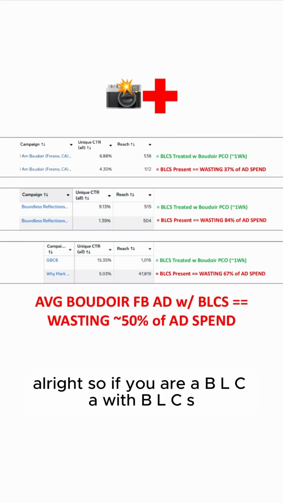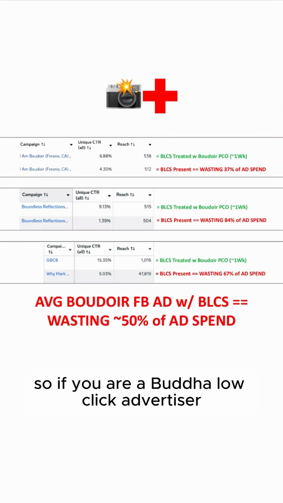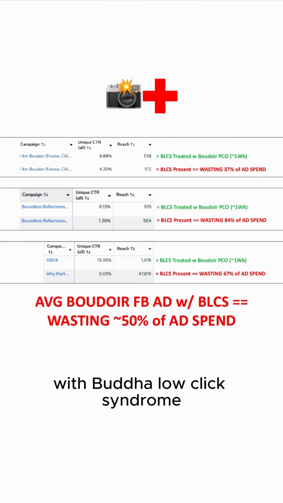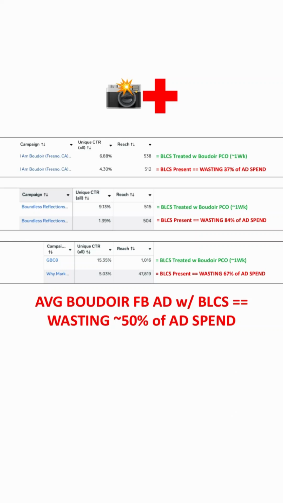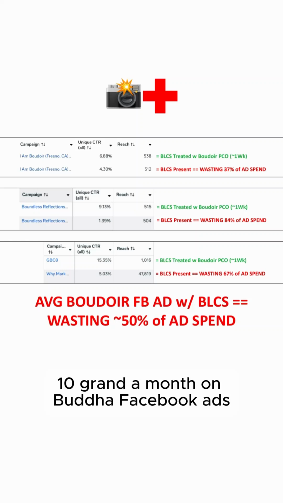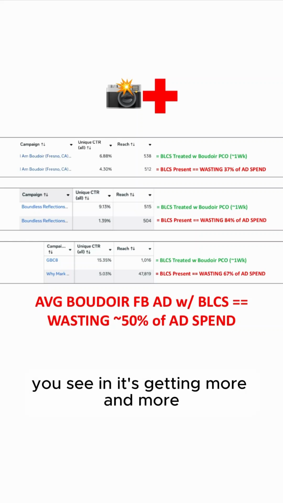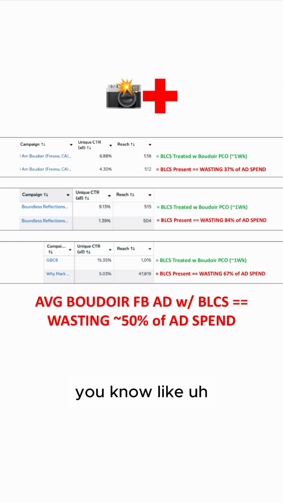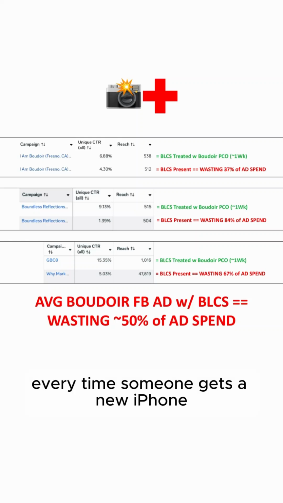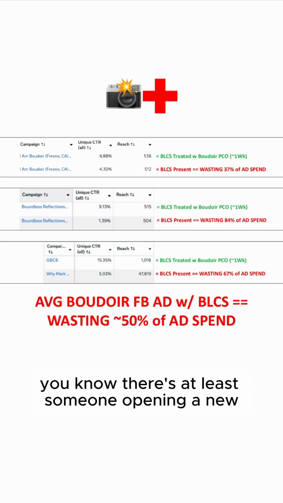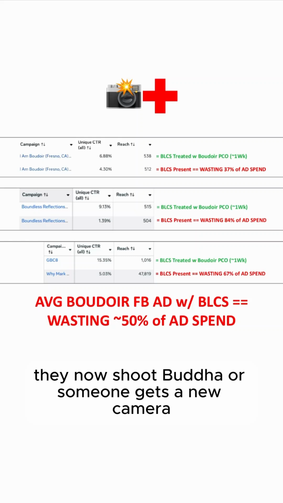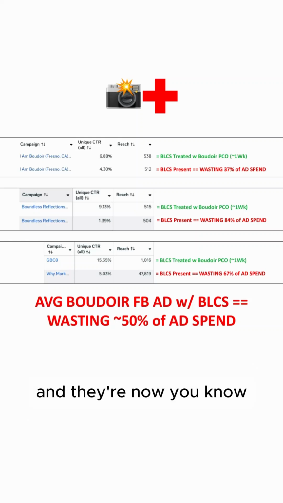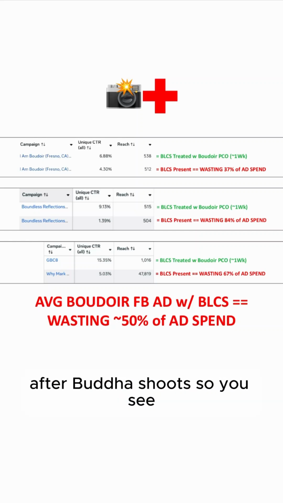All right, so if you are a BLCA with BLCS, a Boudoir low click advertiser with Boudoir low click syndrome, and you're spending more than 10 grand a month on Boudoir Facebook ads, and you look at the marketplace and see it's getting more and more saturated for boudoir photographers. Every time someone gets a new iPhone, there's someone opening a new Google Maps profile saying they now shoot boudoir, or someone gets a new camera and is saying in the mom groups that they offer boudoir shoots.